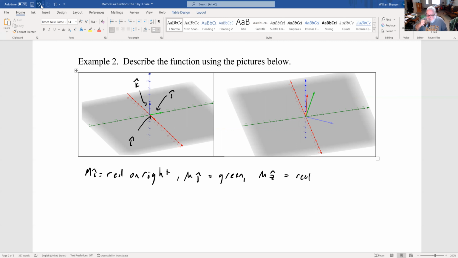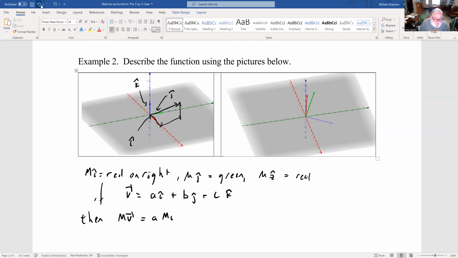They're not all in the same plane. So how does this go? If I have some vector that is some multiple of i hat plus some multiple of j hat plus some multiple of k hat. So we're talking about this vector. If we call that vector that I just drew in there v, say a times i hat plus b times j hat plus c times k hat, where does it go on the right?